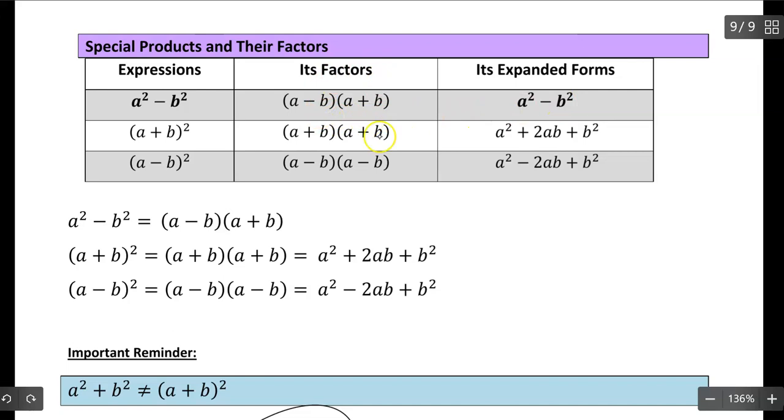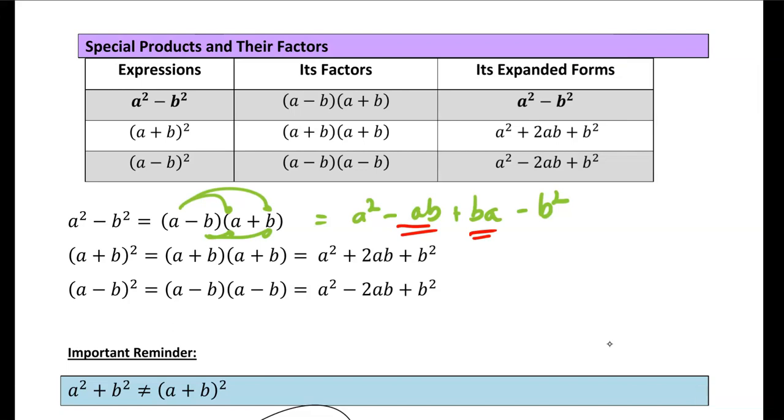Because if you multiply this out, let me demonstrate this for everyone. If I take that and multiply that, I will have a squared minus ab plus ba minus b squared. And notice that these two terms are actually the same, and they cancel out because b times a is the same as a times b.